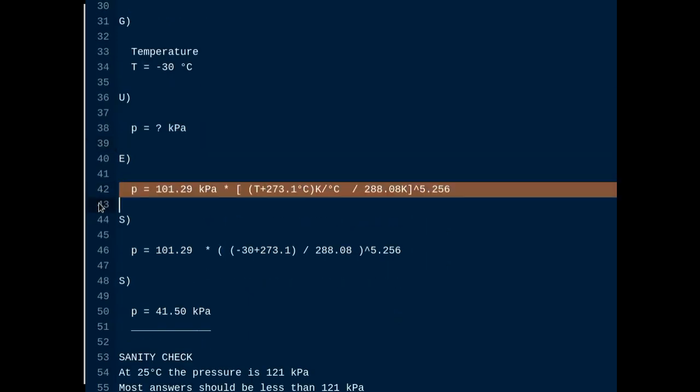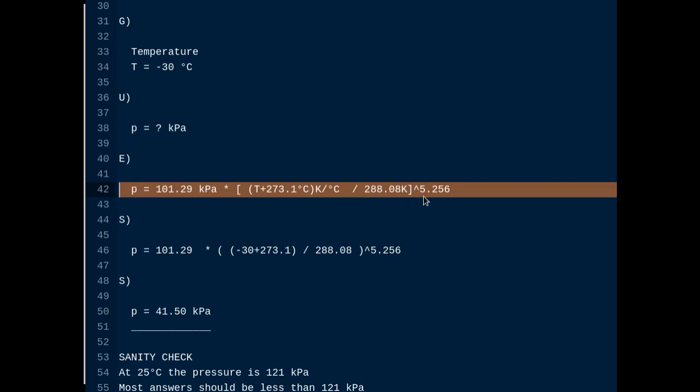Again, I'm using a text editor, so it looks a little weird, but it's the standard pressure times the conversion factor to turn degrees Celsius into degrees Kelvin, and that's what this is all about. So you have your temperature here, divided by 288.08 Kelvin, raised, okay, you're going to subtract these first, and then divide these by this number, and that's going to give you a single number here.